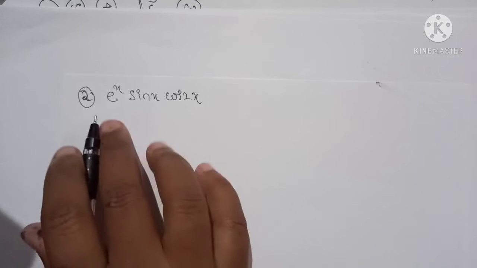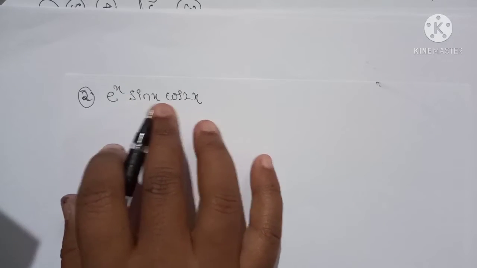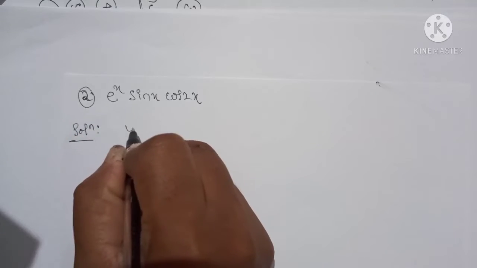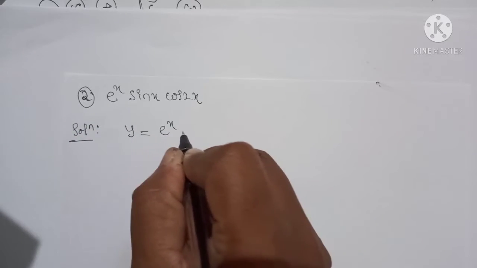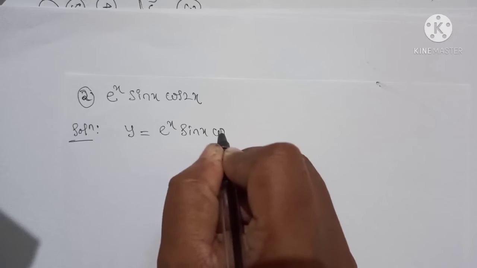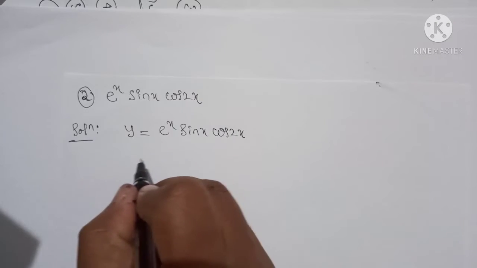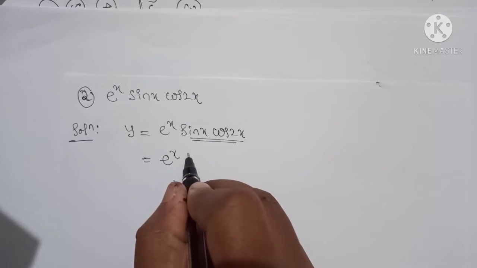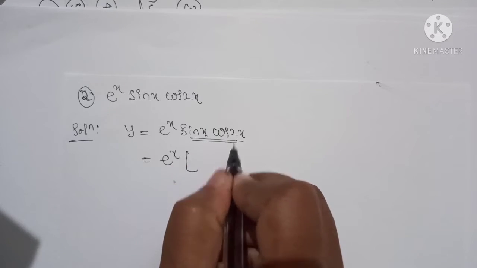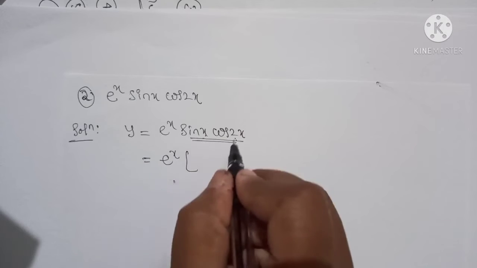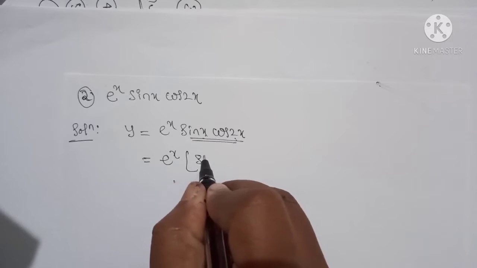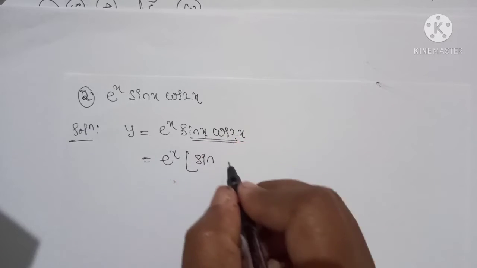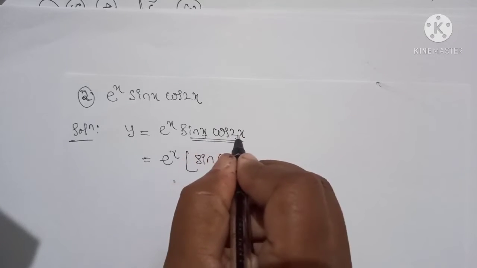Next problem: e raised to x sin x into cos 2x. Let y equal e raised to x sin x cos 2x. Here we keep e raised to x as it is and apply the sin a cos b formula, which gives 1 by 2 times sin of a plus b plus sin of a minus b.